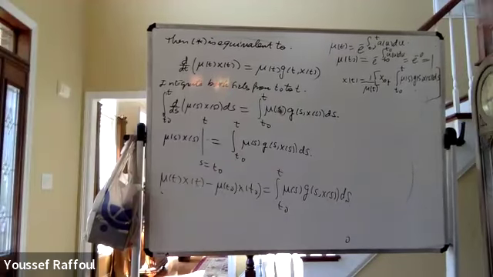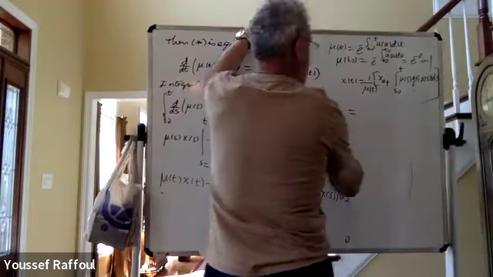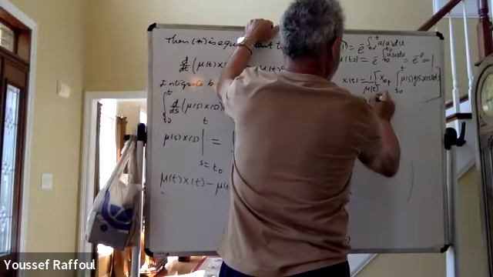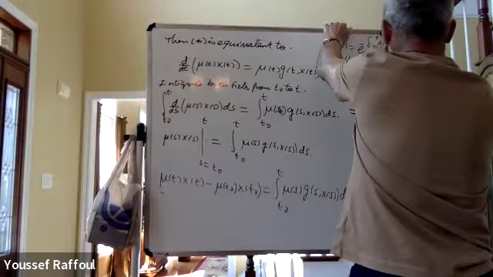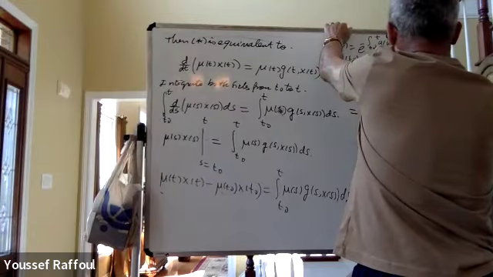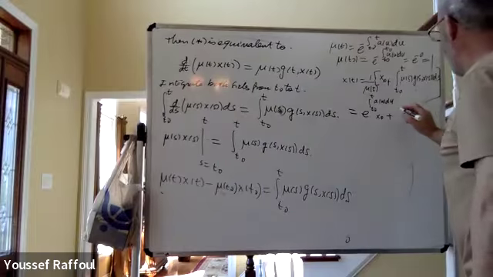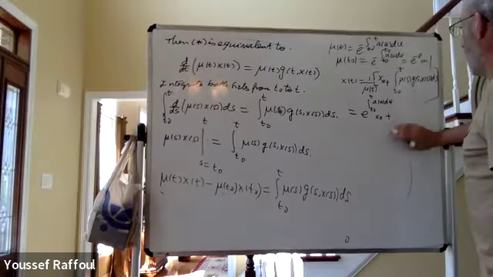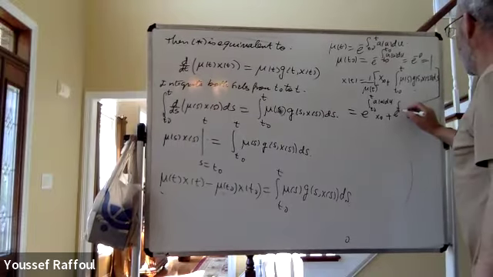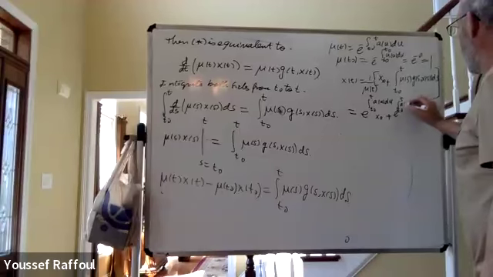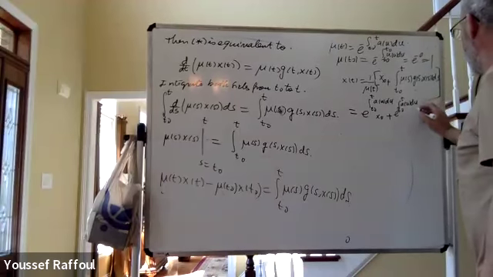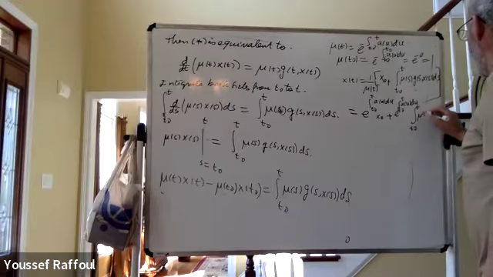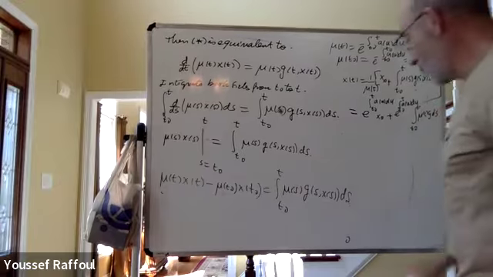Now, what is that? A mu(t) is that, so it's going to be e to the integral from t naught to t of a(u) du times x naught plus e to the integral from t naught to t of a(u) du times the integral from t naught to t of mu(s) g ds. I'm going to do some work here.